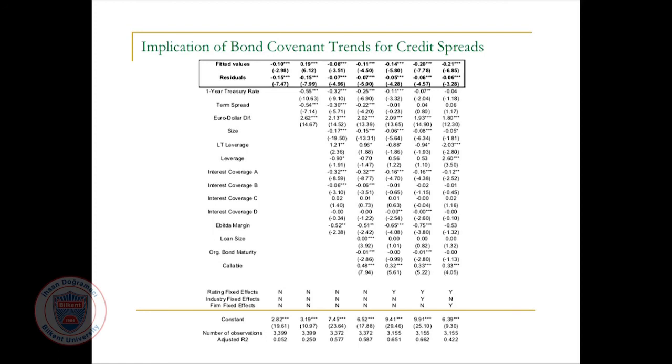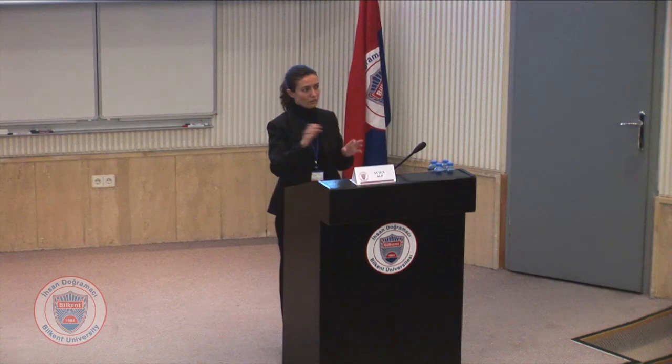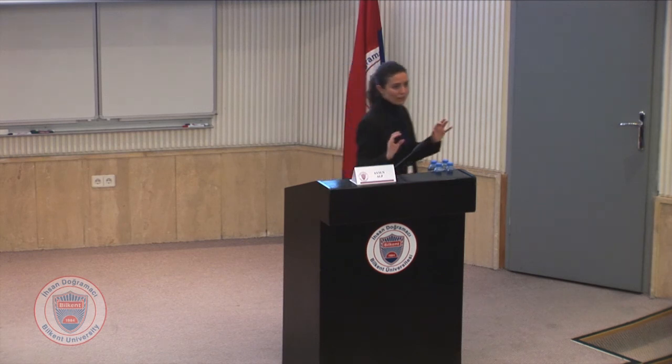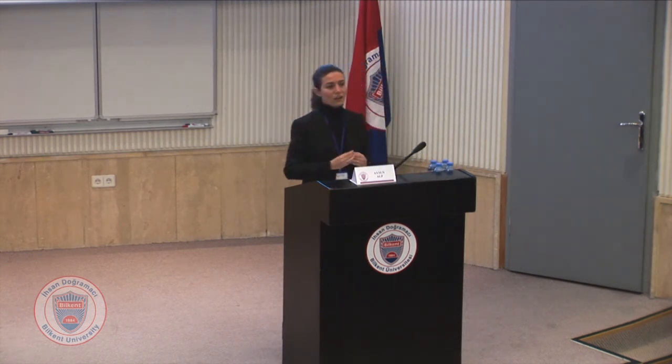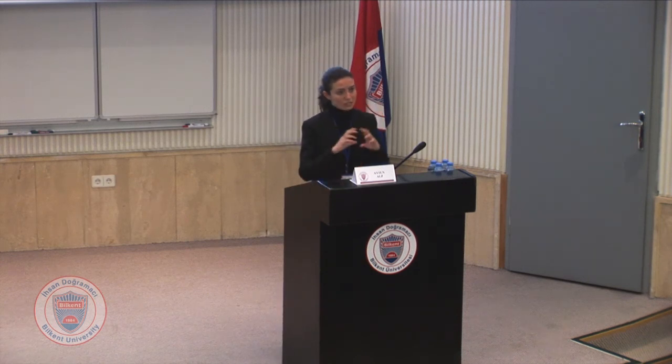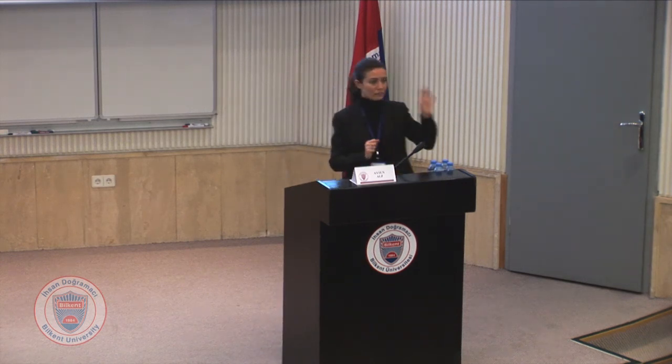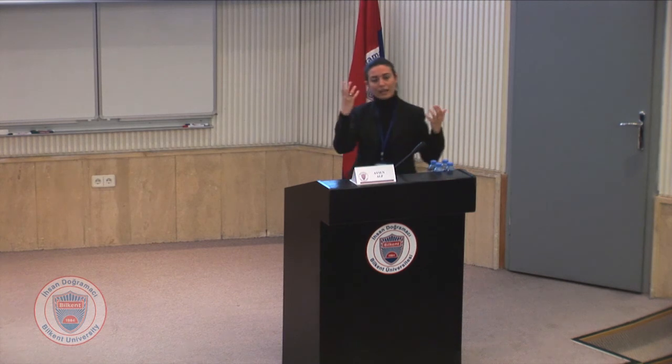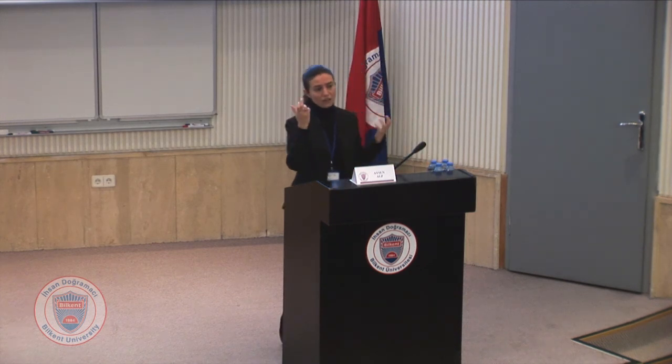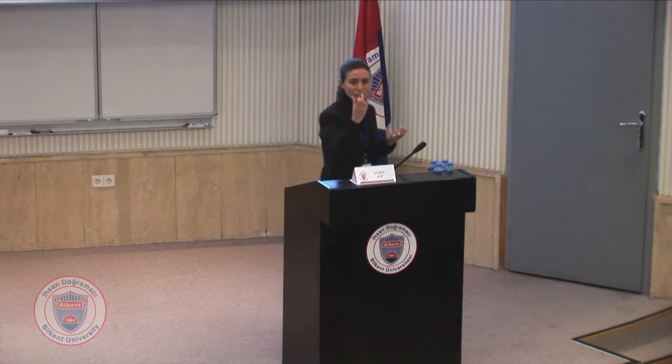To do that, we decompose the bond covenant index into its model-predicted component and the unexplained residual component. We estimate the model using the 80s, predict for the future periods using these coefficients from the 80s, and the predicted one is the explained component, and the actual minus predicted covenant is the unexplained residual trend.